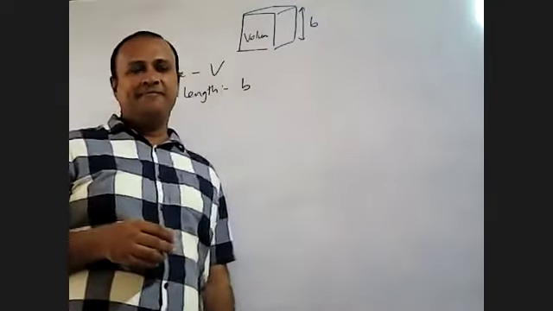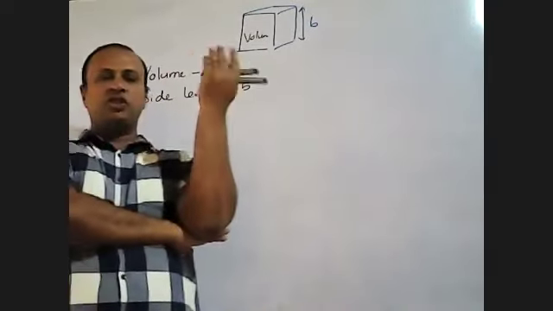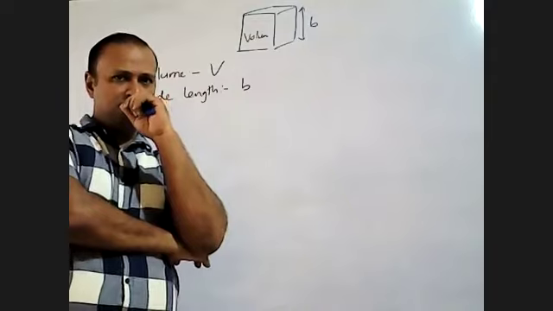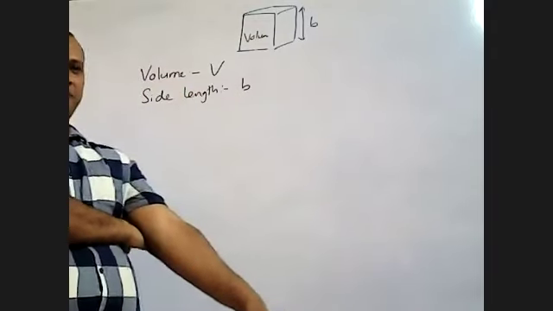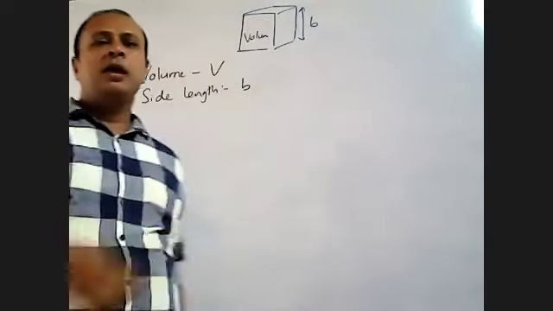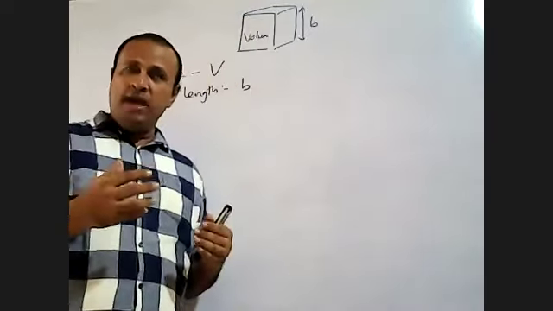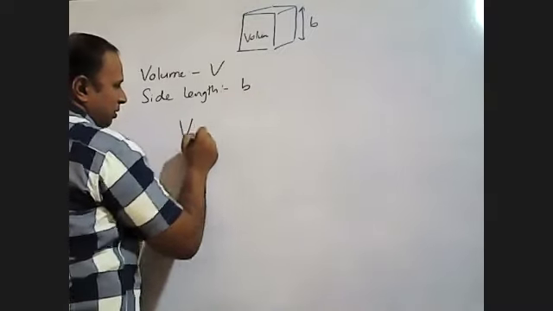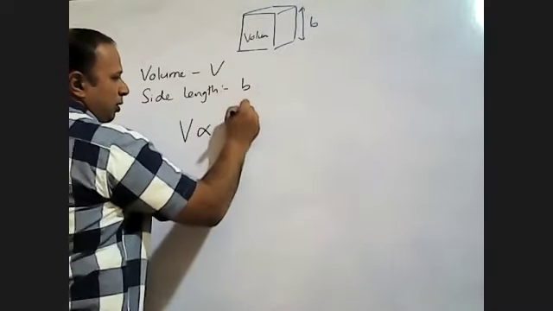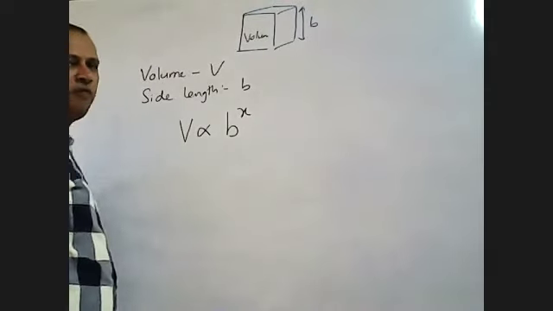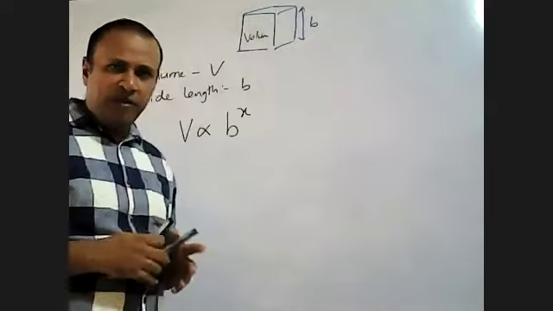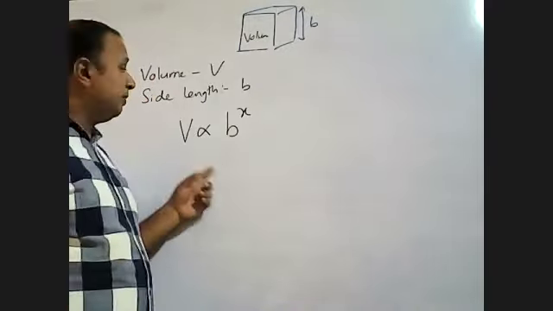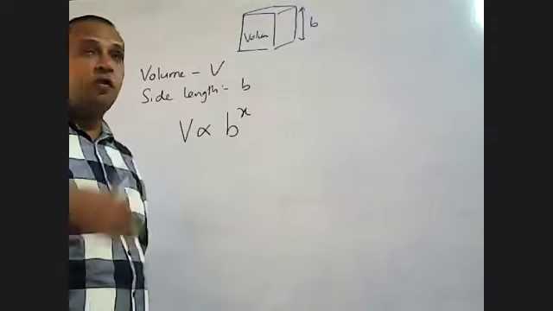What is the first step? Can anyone tell me? Yes, we have to assume V is directly proportional to some power of B. We don't know whether they are directly proportional or inversely proportional, or whether V is proportional to B squared or B cubed or B half.